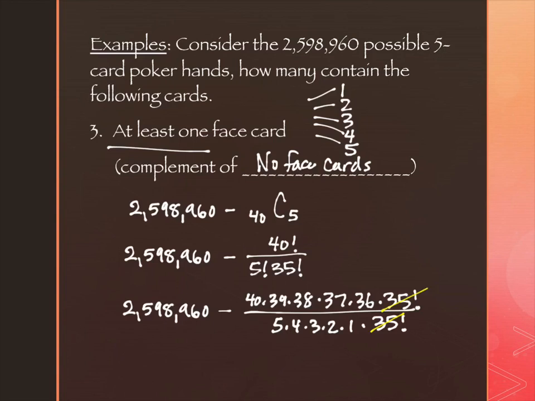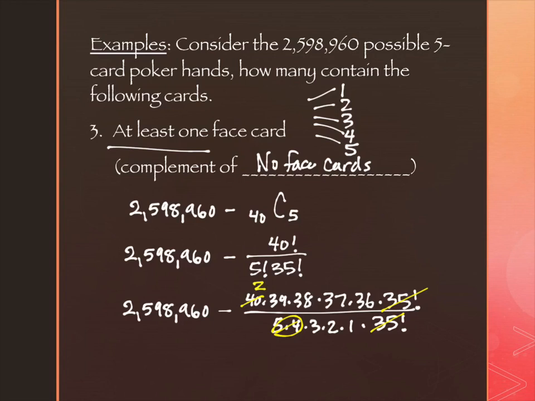Again, we have bigger numbers on top, significantly, than on the bottom, so we're probably not going to get them to wipe themselves out completely like we did on the last one. But what are some things that we could divide by? 5 and 4 make 20. Fabulous. 20 would divide the 40 and give us a 2.